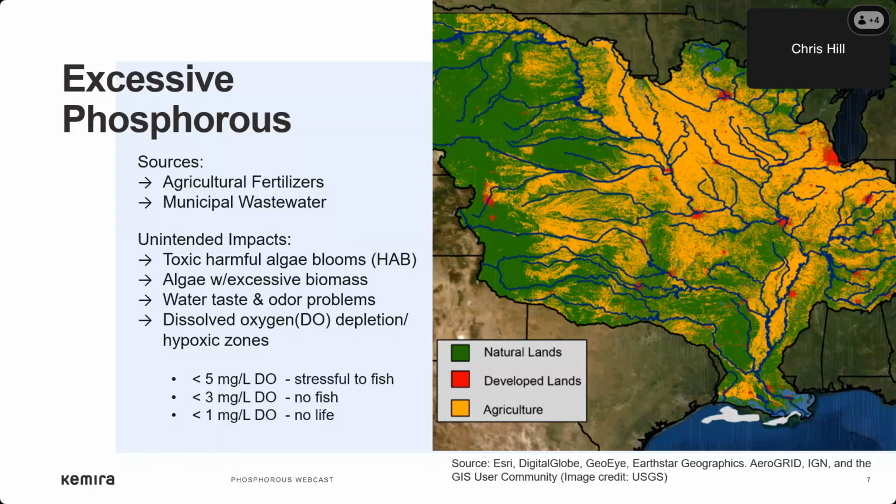Nitrogen and phosphorus pollution in runoff and discharges from agricultural and urban areas are major contributors to the annual summer hypoxic dead zone in the Gulf of Mexico. And you can see that hypoxic zone depicted just below the coast of Louisiana in the diagram.